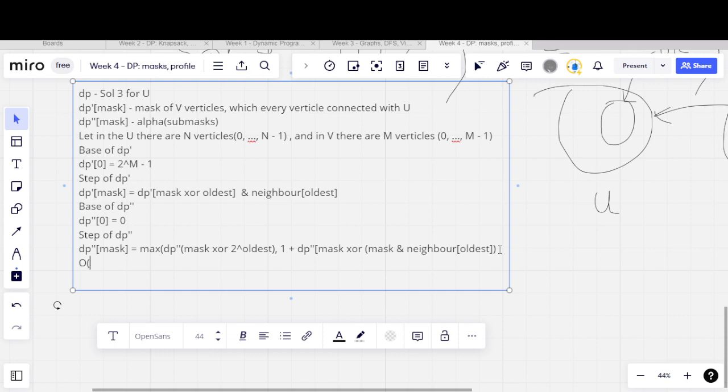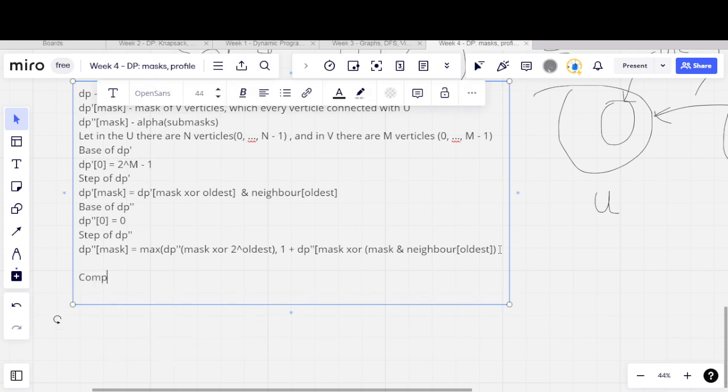and it will be all complexity of this algorithm. This solution will be 2 to the power of n.